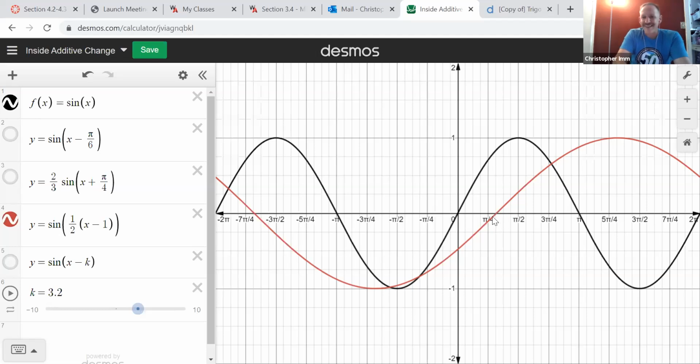So 1 is a little over pi over 4. Pi over 4 is 0.707. So it's been moved over 1, but it's been stretched out too. So in fact, it's going to take 4 pi to take a period of that instead of just 2 pi. All right. So those are a lot of attributes about the sine and the cosine graph. Hopefully that will help you out there.